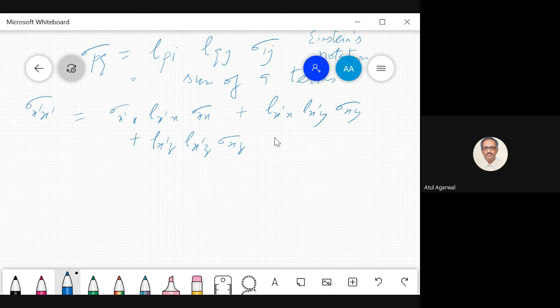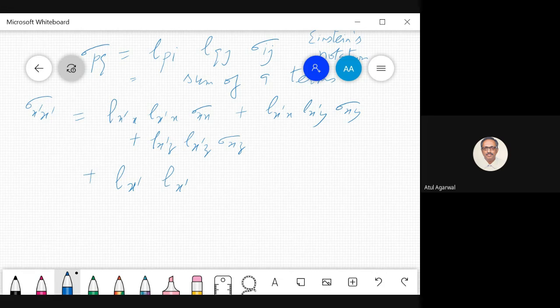So this way I have considered all the terms having the first index as X. Next time I do, sorry, this is L. So this index will be the same, PQ.